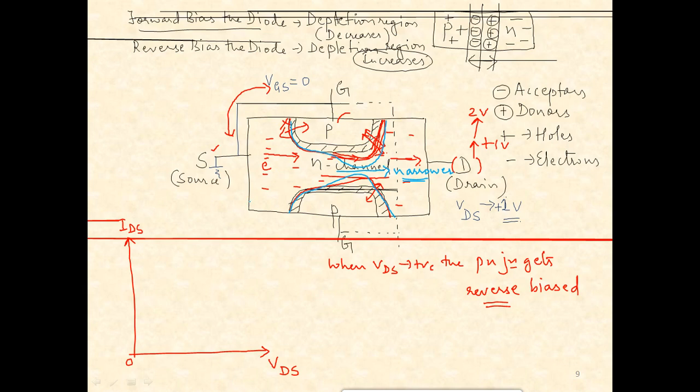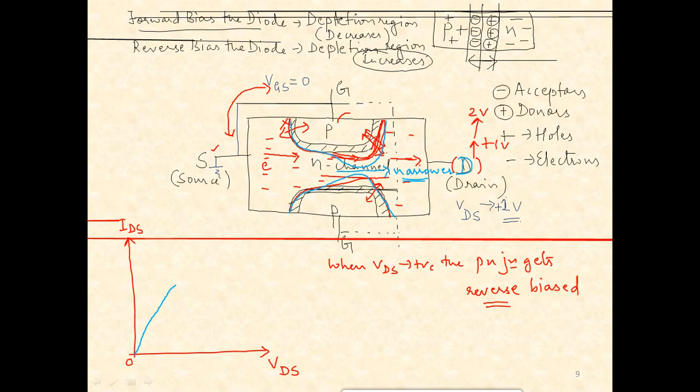Students, see, you will have to understand these concepts parallelly. At one point, as we are applying the drain potential, electrons are moving from source to the drain. So initially they will be moving very easily, okay, because the width of the channel is large.